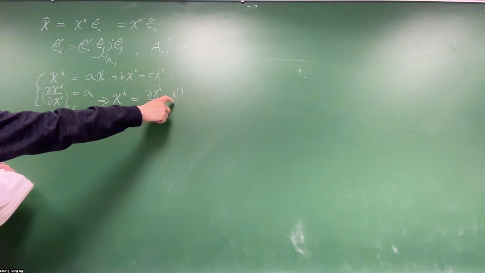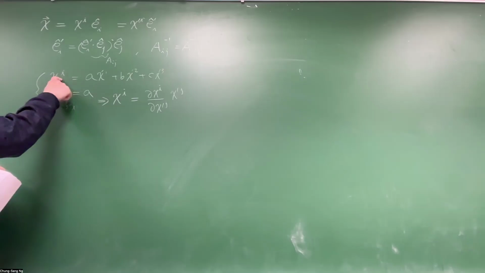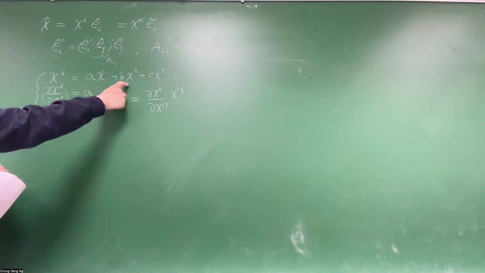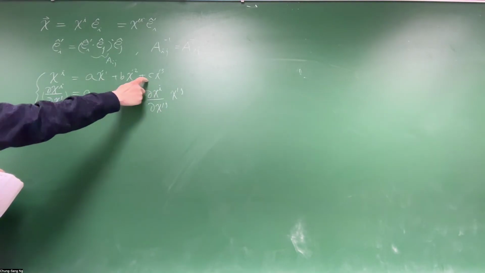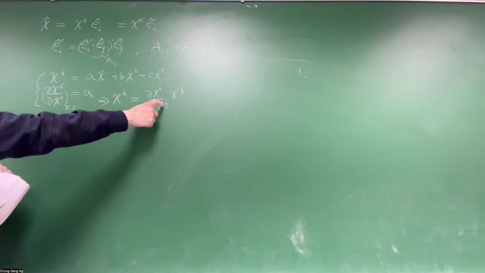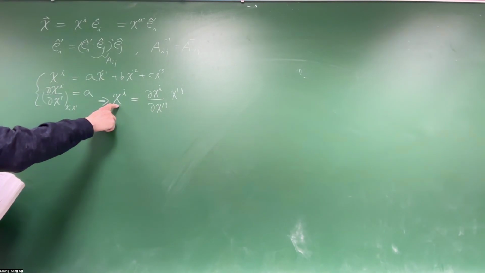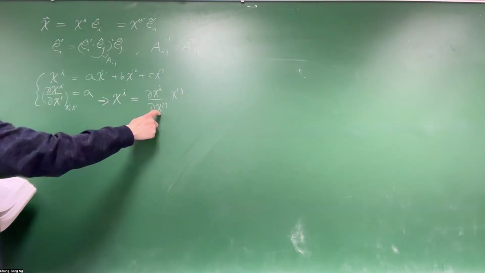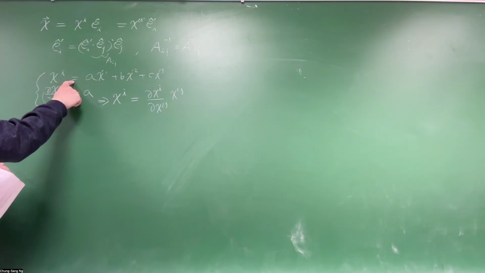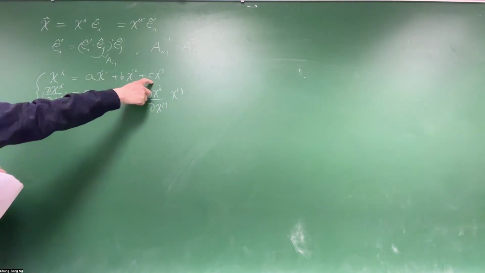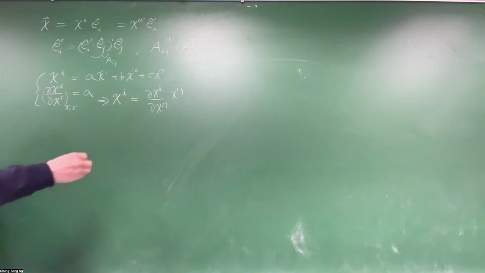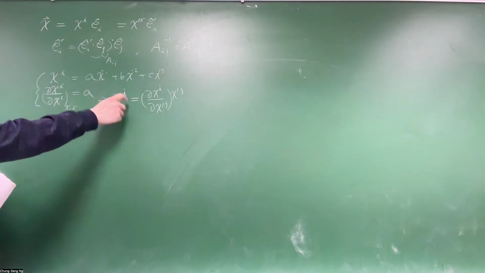Whatever the coefficient in the equation relating x i to a bunch of these x1, x2, x3, the components, the coefficient of each term is the partial derivative of the old coordinate with respect to the new coordinate, summed over all of them. So this is just like this equation, but solving for all the coefficients A, B, C in here. This is coming out from the linear relationship. Okay, so we're staying with linear transform now.